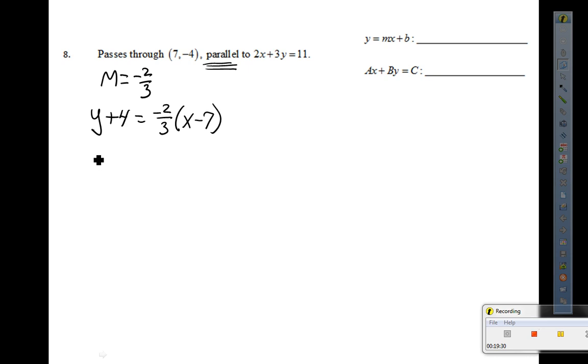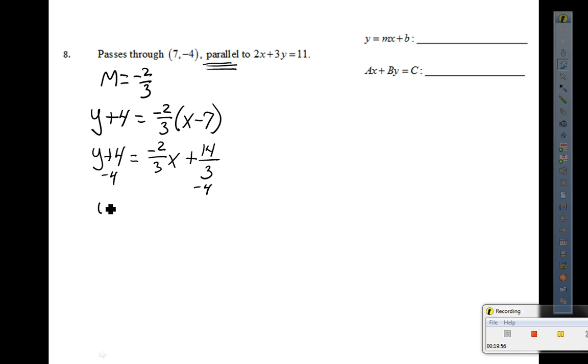Let's solve this. So we got y + 4 = -2/3 x. A negative and a negative make a positive, 14/3. Let's subtract 4 from both sides.